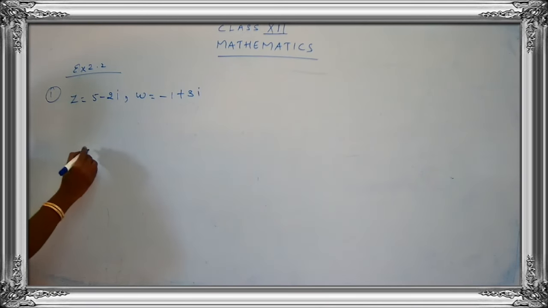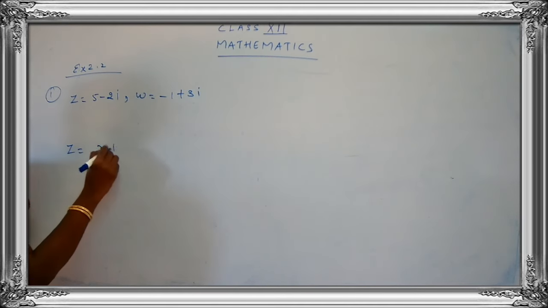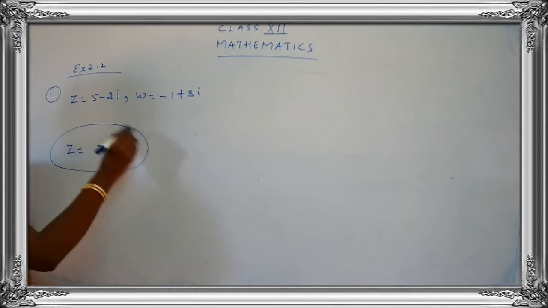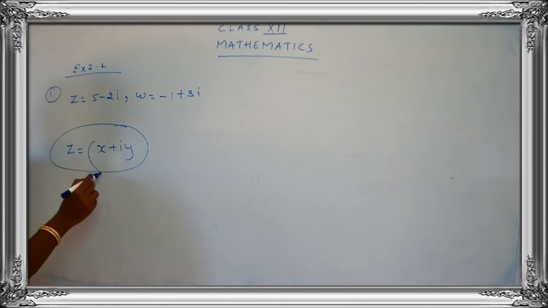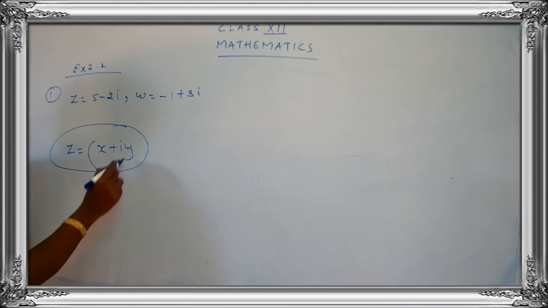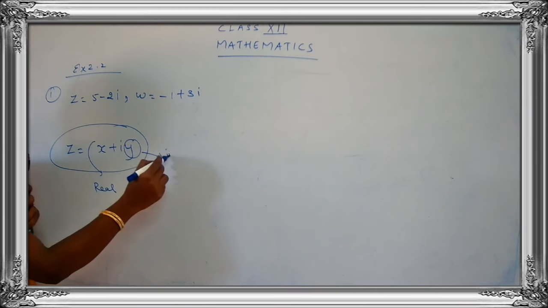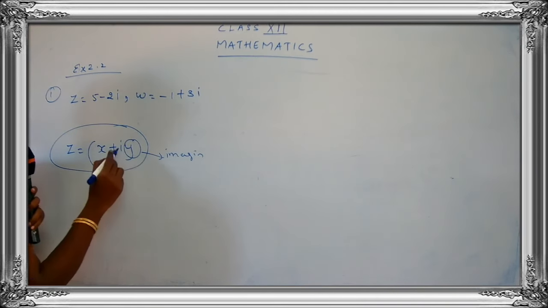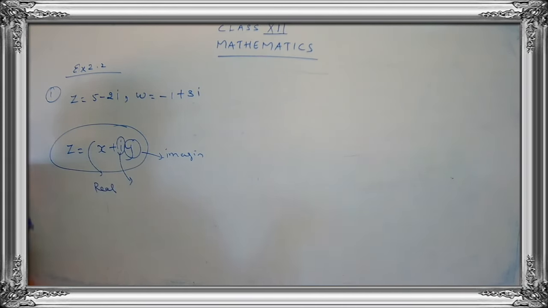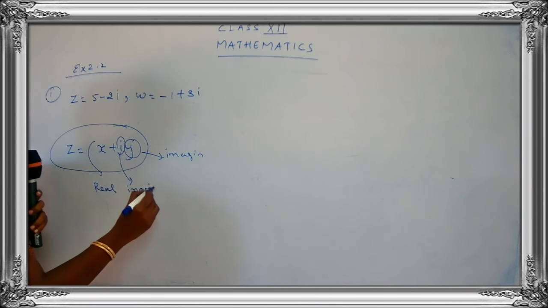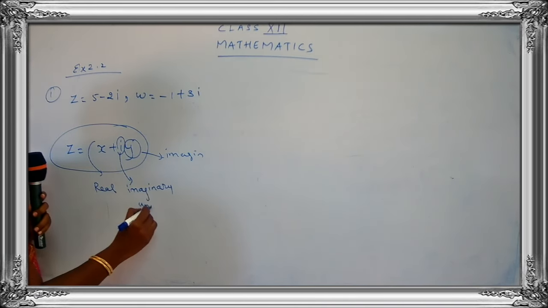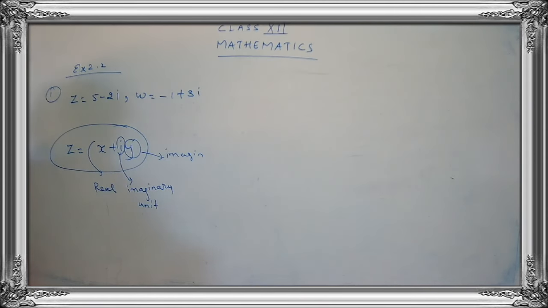You know that z equal to x plus iy is the form of a complex number, and x is called the real part and y is called the imaginary part. Remember this, children? And i is called the imaginary unit. So be careful with the different terms involved under complex numbers.